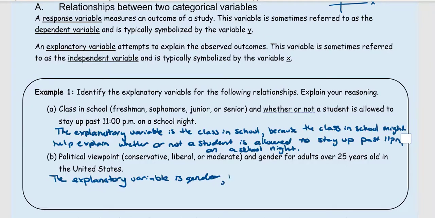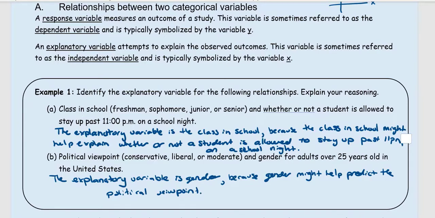Well, it's because gender might actually help predict the political viewpoint. We already know that they're over the age of 25. We already know that they're citizens of the United States. That's told to us.